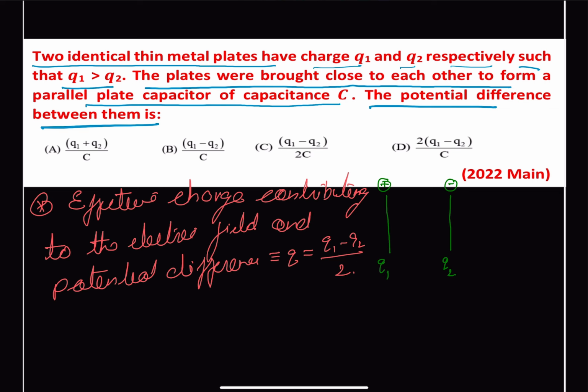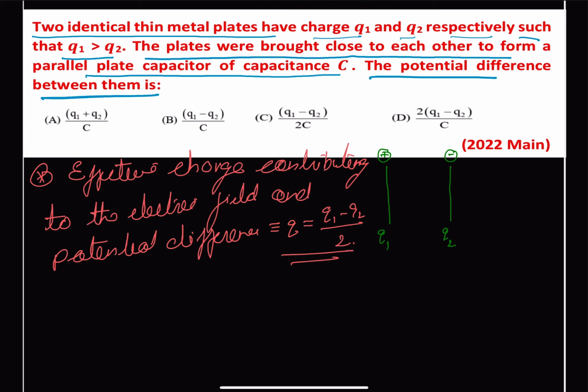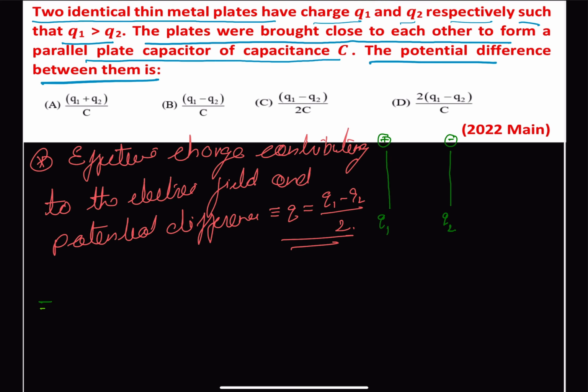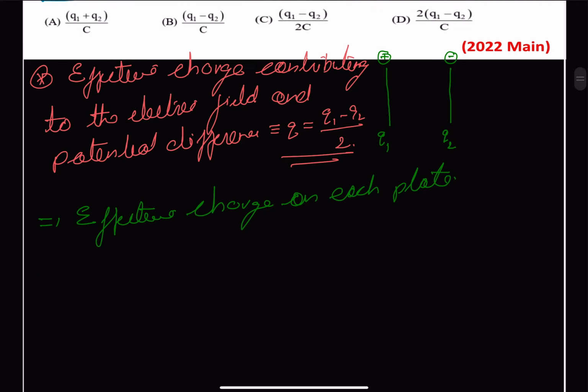So we can say the effective charge on each plate: one side will be positive and its magnitude will be (Q1 minus Q2) divided by 2, and the other plate will be negative and its magnitude will be the same.